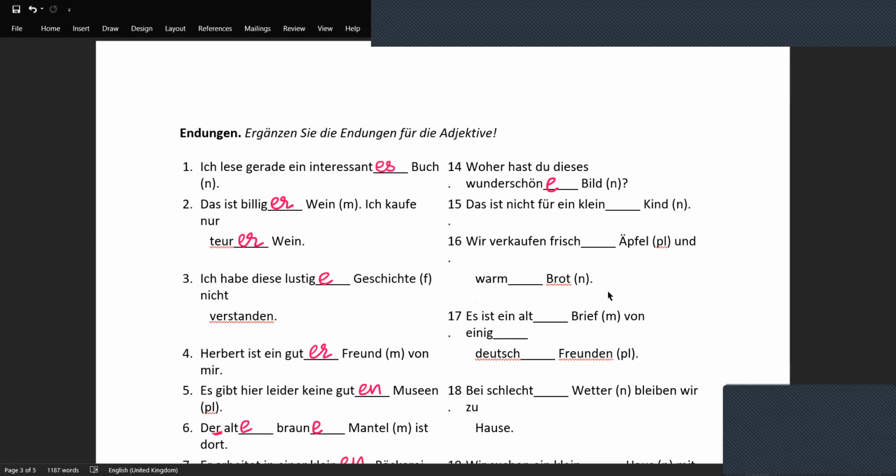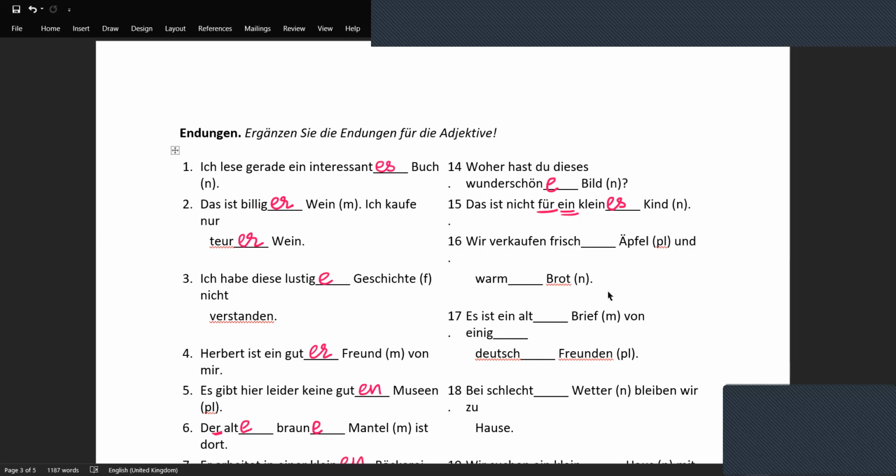Das ist nicht für ein kleines Kind. Kleines, because even though it is accusative, I think the ein still doesn't tell us if it's accusative masculine or accusative neutral.